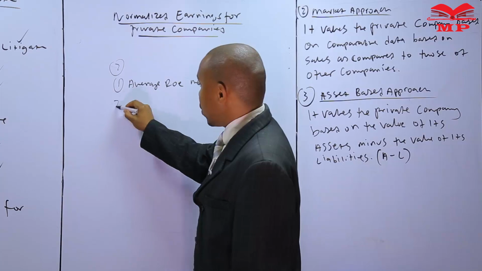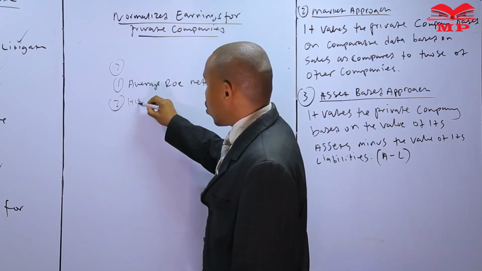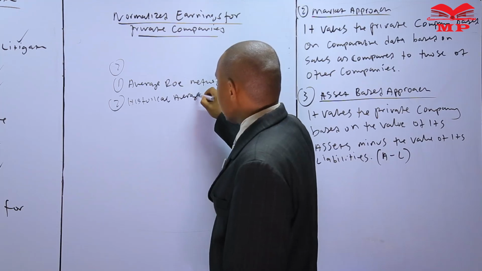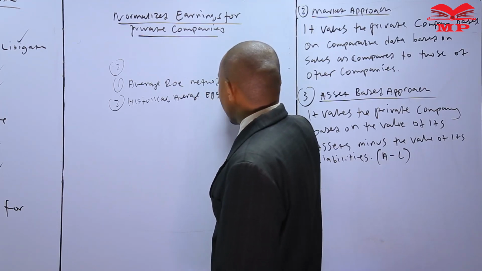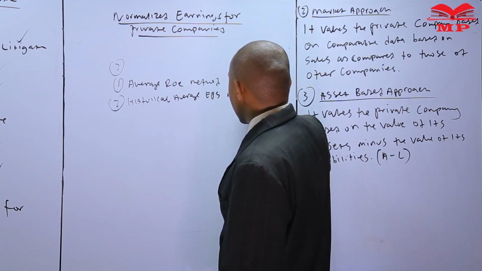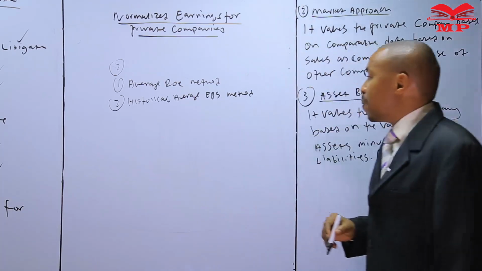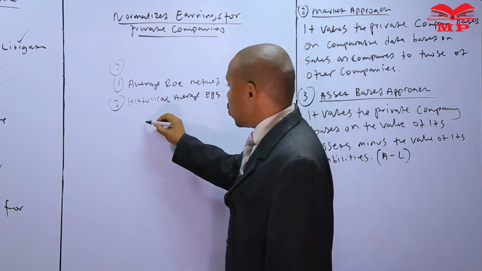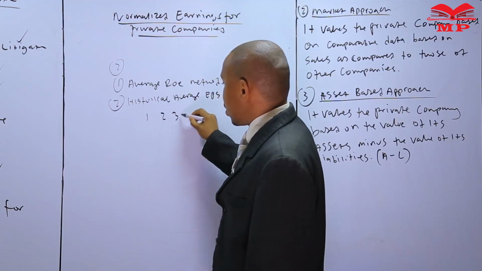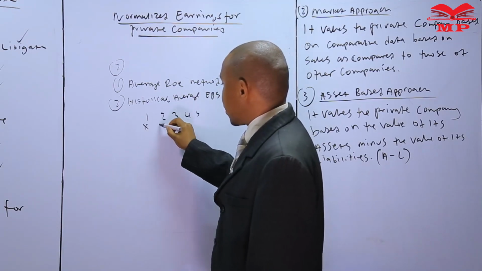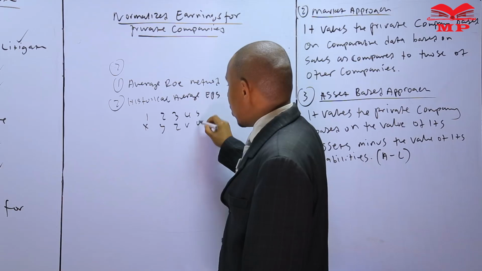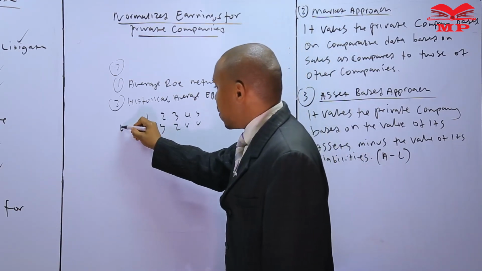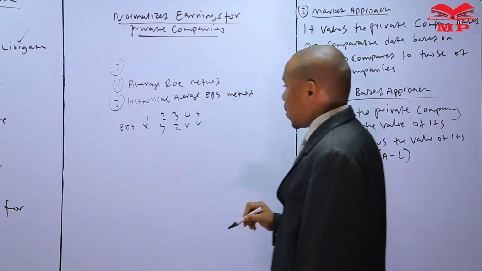The second method that we looked at is the historical average EPS method. Under the historical average EPS method, if you have years 1, 2, 3, 4, 5, we have X, Y, Z, V, and U. Assume these are the EPSs given.